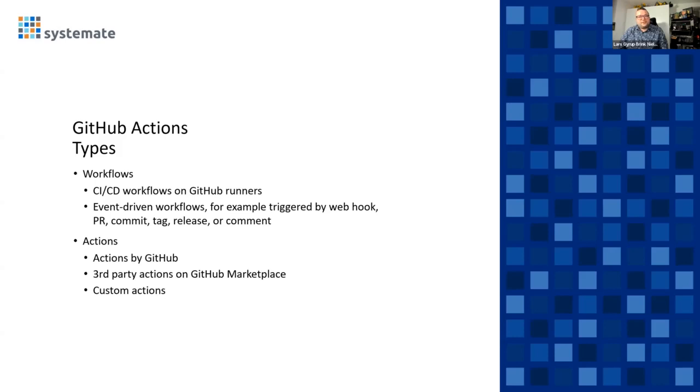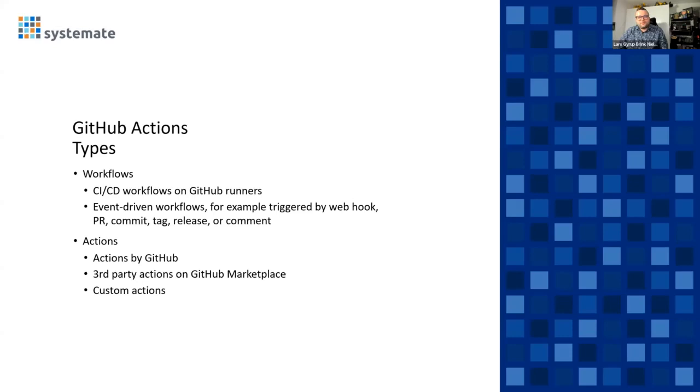So the other part of actions is the actual actions. And these are the reusable logical pieces of tasks you want to run in your workflows. There are some that are semi-official because they're created by GitHub. So you usually use a few of those, like the checkout action to check out the source code of your repository into a job in your workflow.